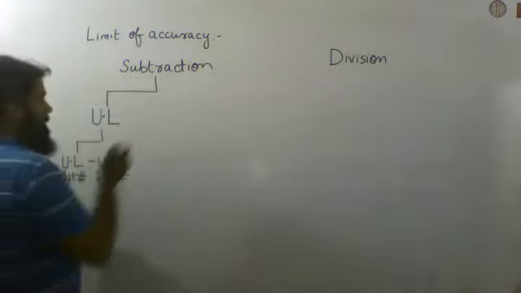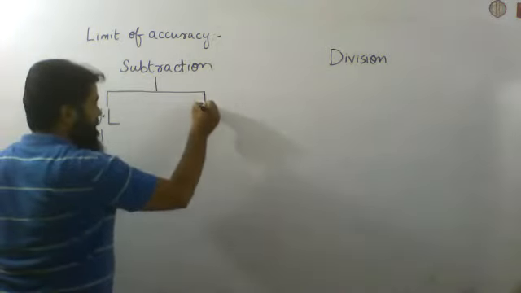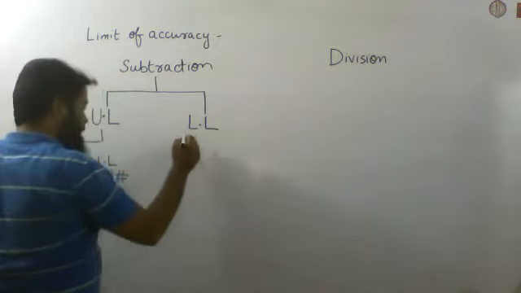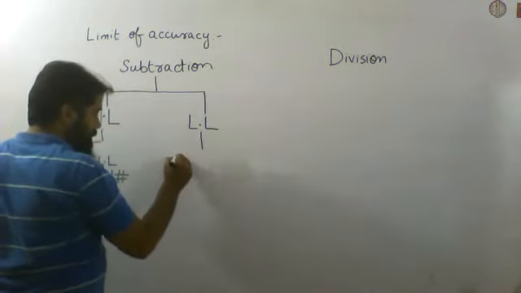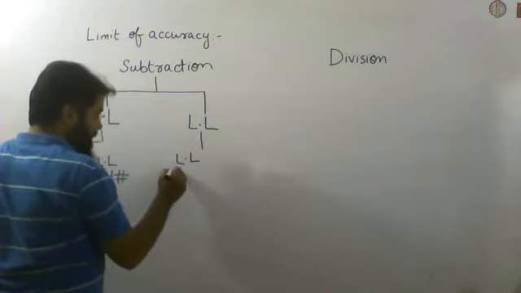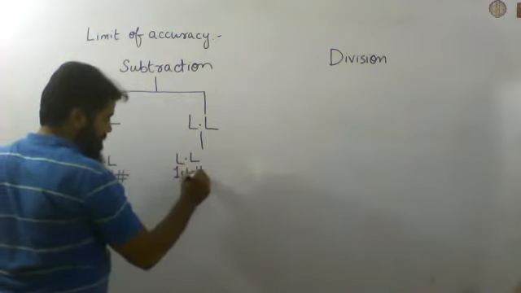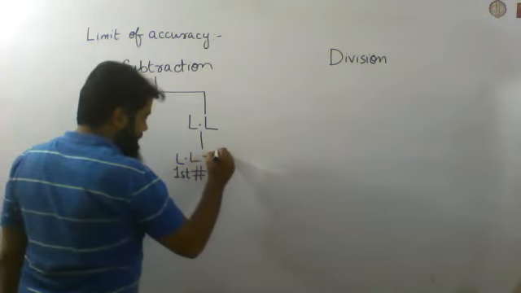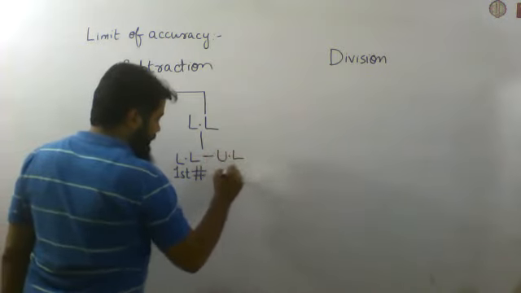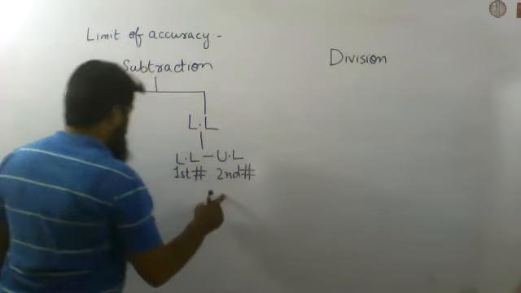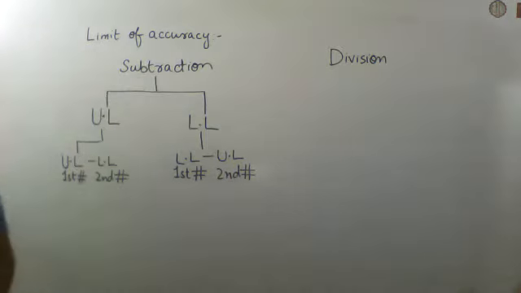In the same way, if I have to find the lower limit of subtraction, then what will I do? Lower limit of first number minus upper limit of second number, you will have the lower limit of subtraction.